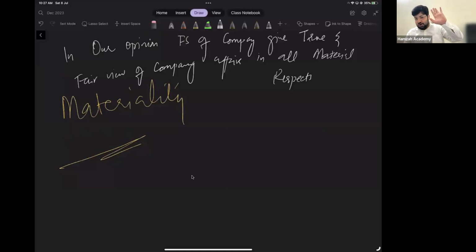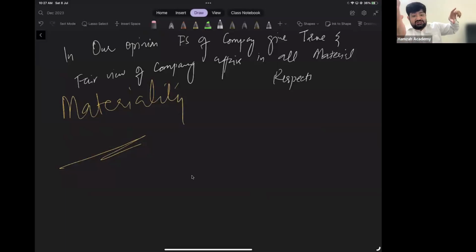So similarly, the auditor checks the financial statements. The auditor has gone through the company. And after checking, the auditor says, I have seen the company. Now I'm checking the financial statements.